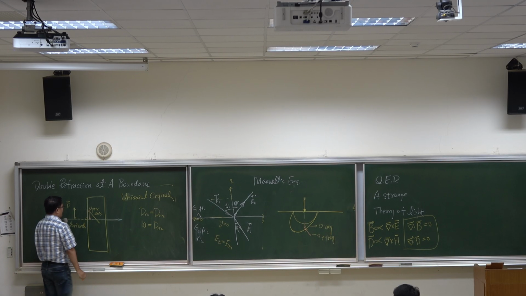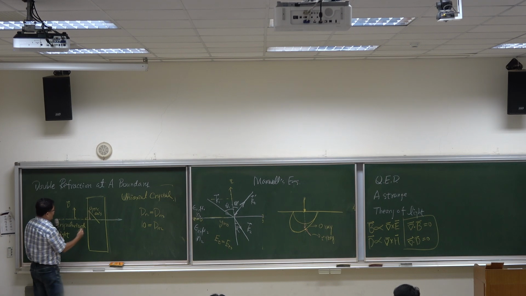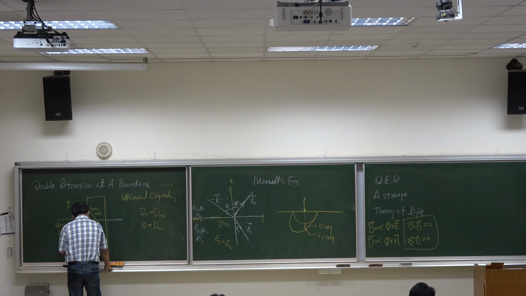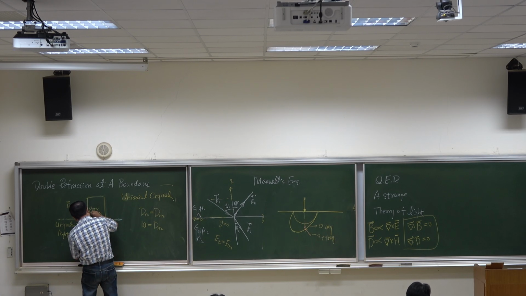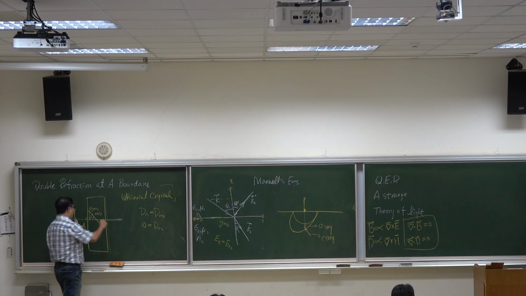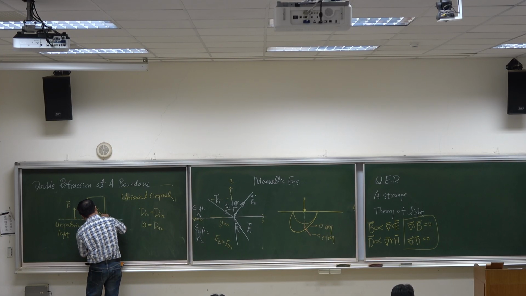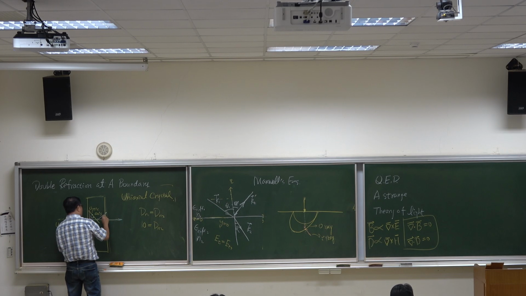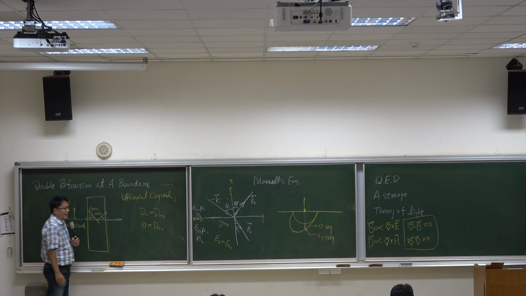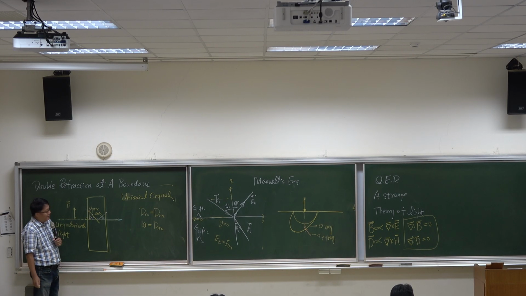D vector will keep along this direction. However, for uniaxial crystal, we have epsilon along the optic axis to be epsilon E, and epsilon along the direction perpendicular to the optic axis to be epsilon O. Epsilon E and epsilon O are different.